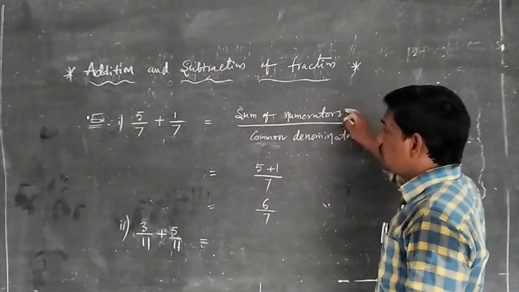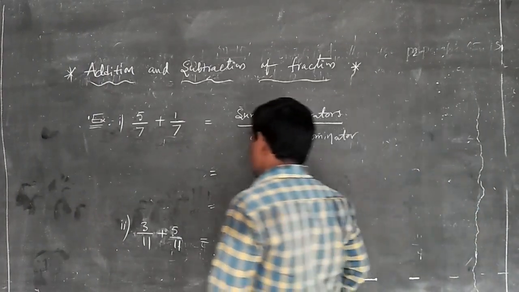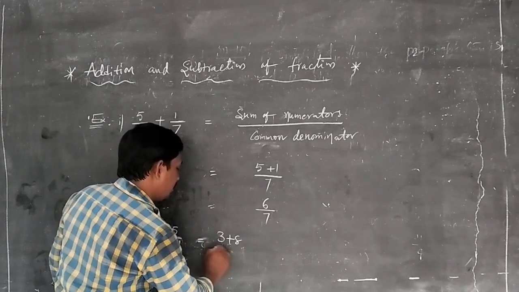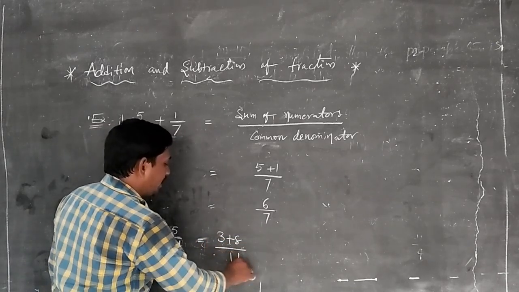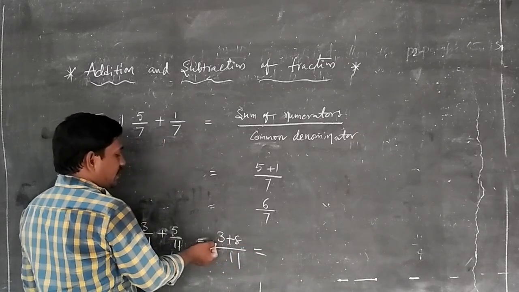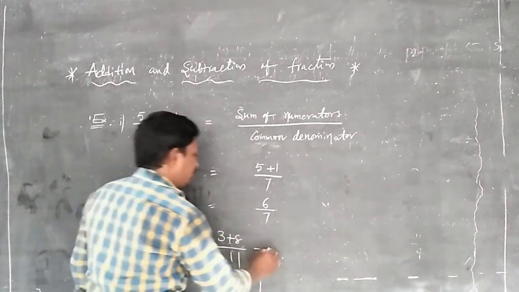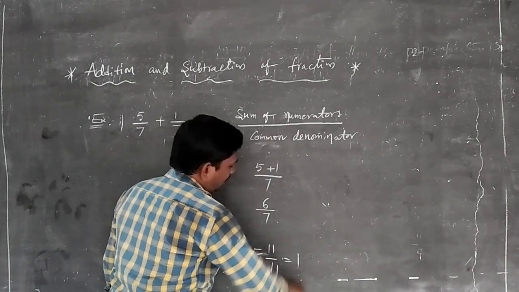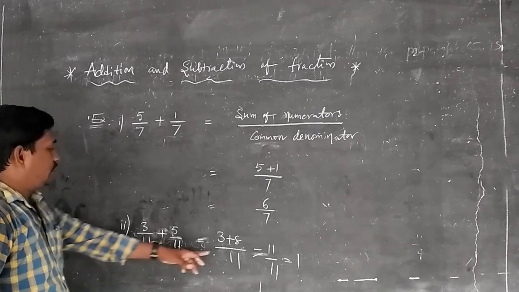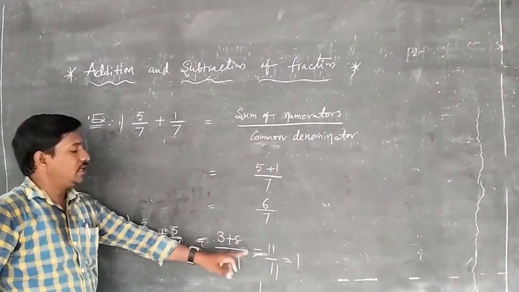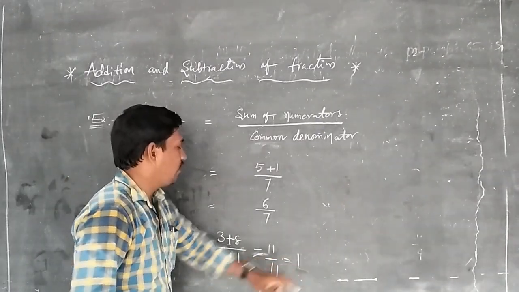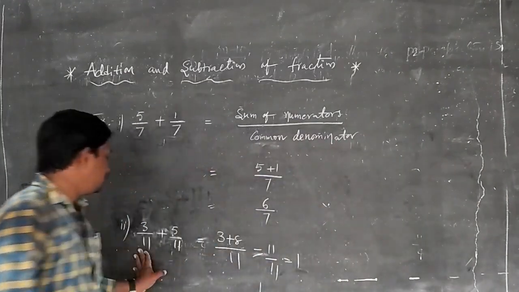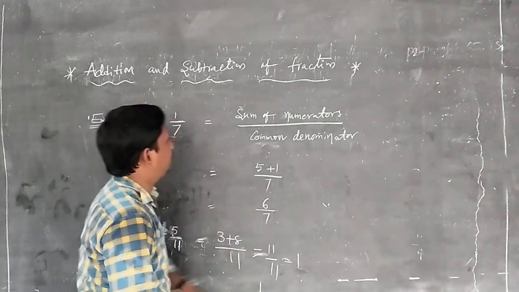Sum of numerators by common denominator. Sum of numerators 3 plus 8 by common denominator 11. 3 plus 8, 11 by 11, it is 1. So by adding the two like fractions, finally we got 1.